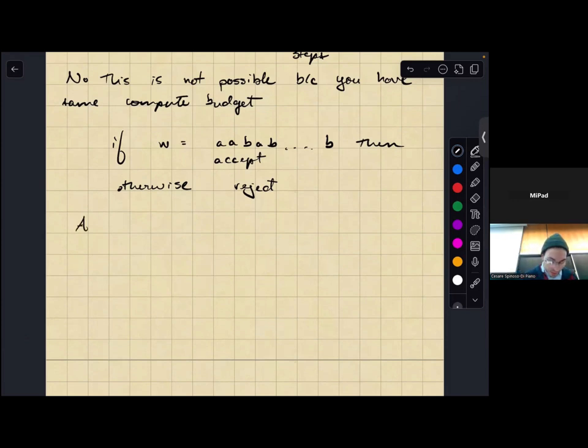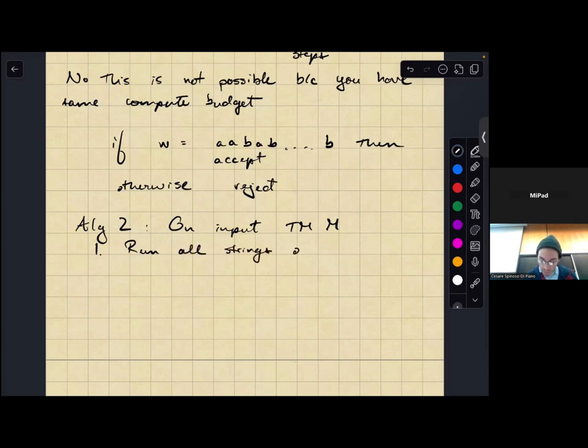This is going to be algorithm 2, which also takes as input a Turing machine M. In this case, I'm going to be a bit lazy and just run all strings of length at most 330 for 330 steps each.